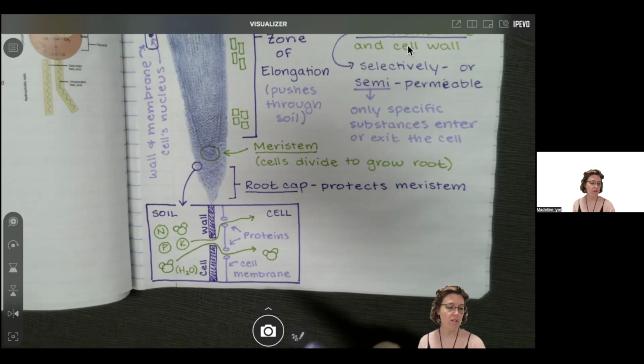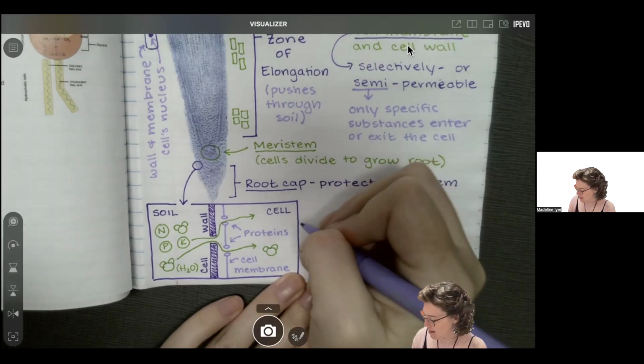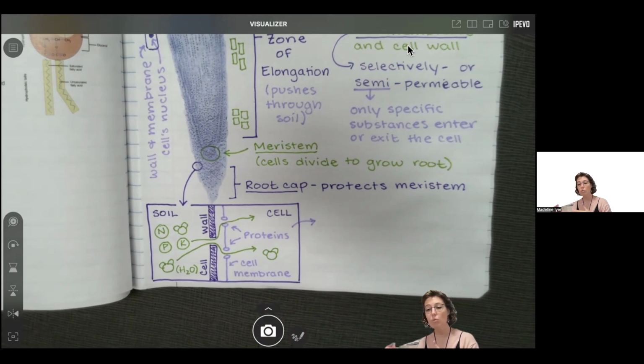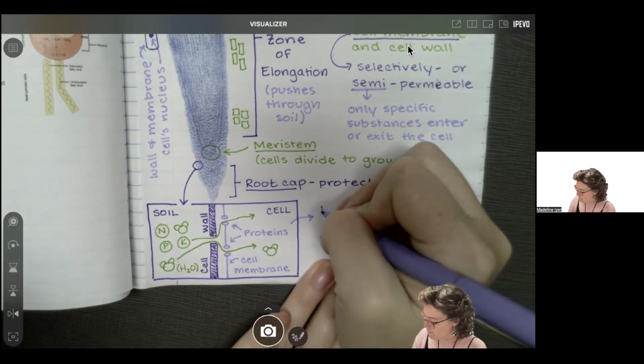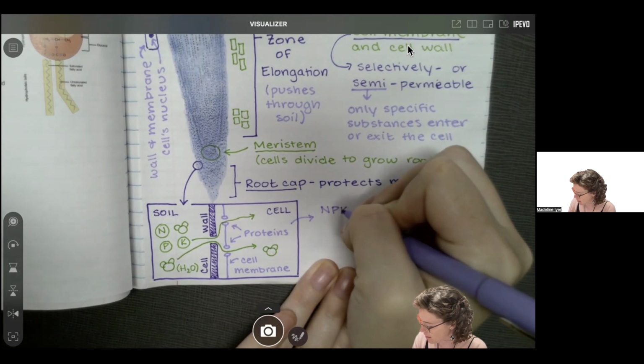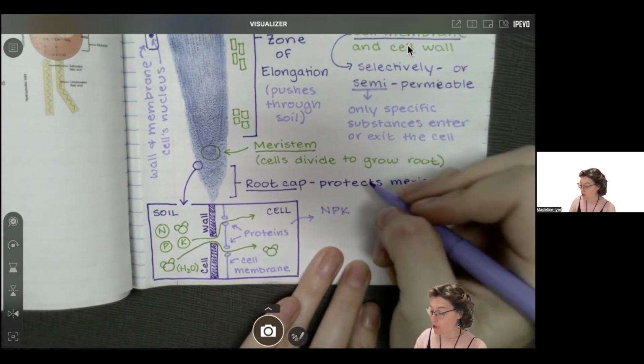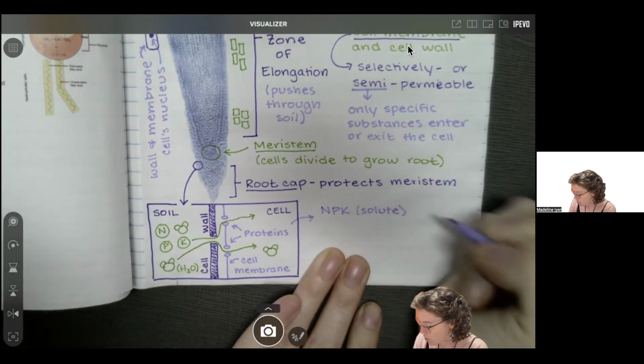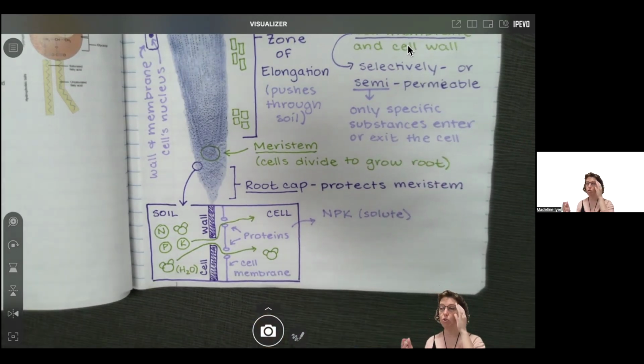But the point of all this is that the minerals and the water form a solution. So N, P, and K, which are the minerals, we would call those the solute. The solute is the thing that dissolves in the water. So if we're making Kool-Aid, the Kool-Aid powder would be the solute.